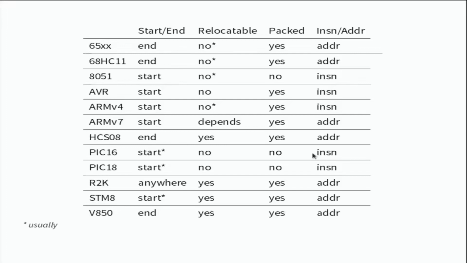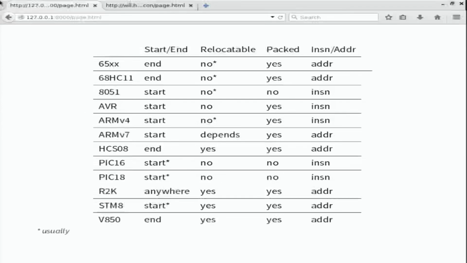Some of them can relocate it after the start, but it still needs to be at a fixed point at power on, which is generally one of those two places. Usually it's tightly packed, so it's not spread out over the firmware. It's usually tightly packed at one end or the other. And as I mentioned before, some of them are represented as addresses, others represented as instructions.